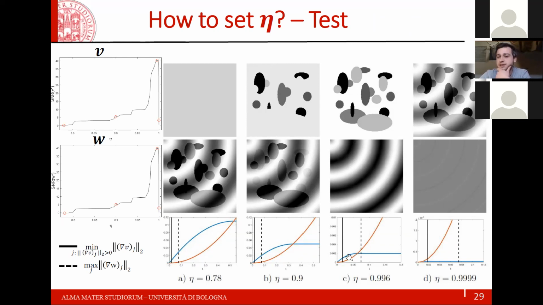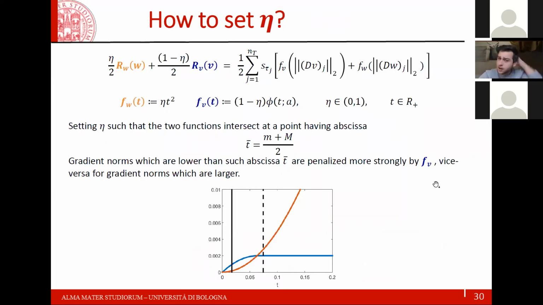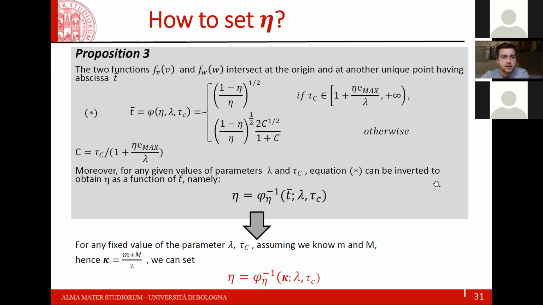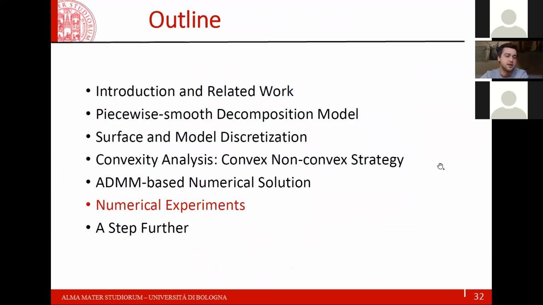When we are inside the separation region, the separation is perfect, and if we move once again beyond the separation region, the two situations flip more or less. This led us to define a way to set the parameter eta, but I think I can skip that.